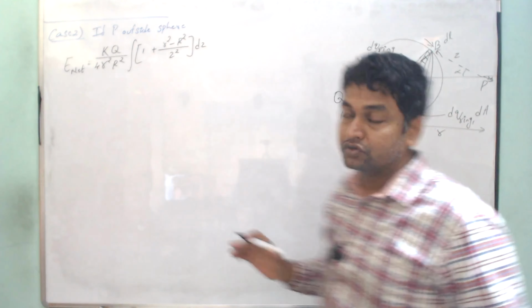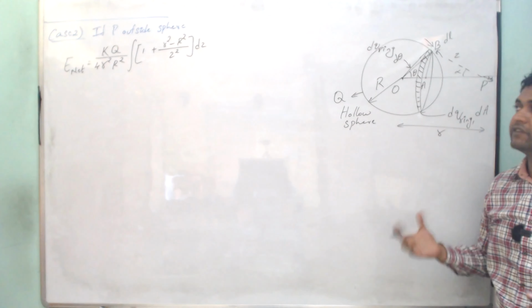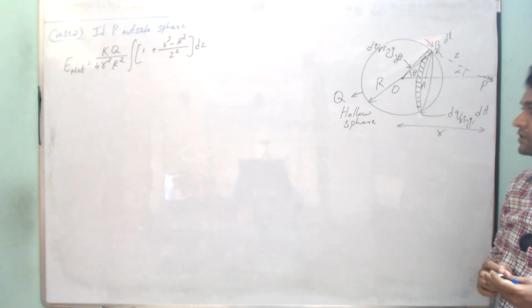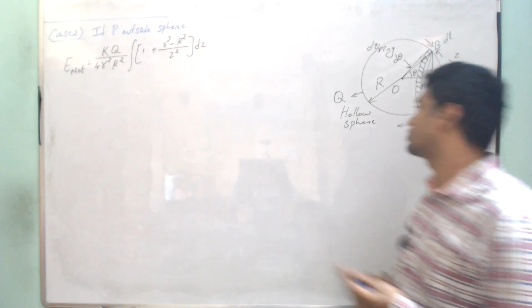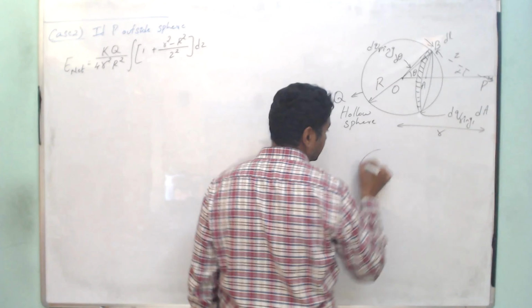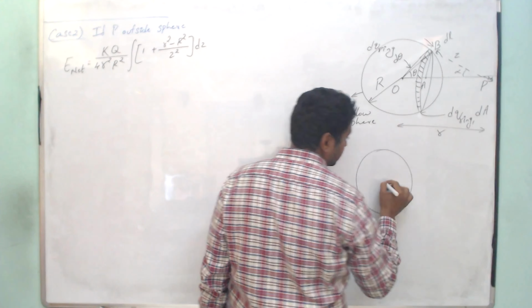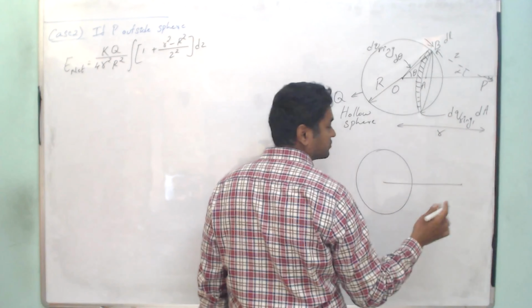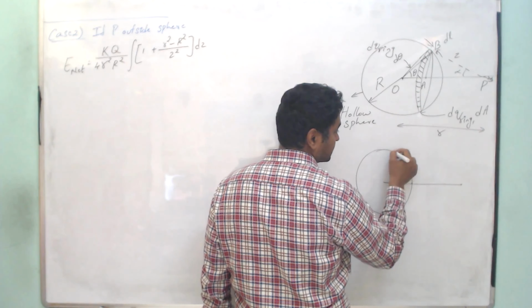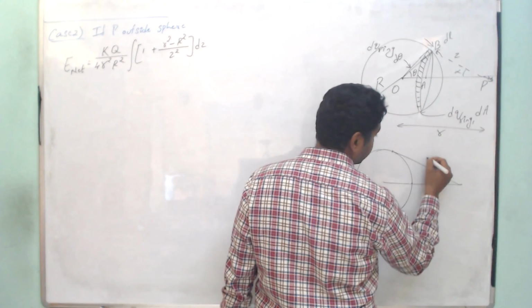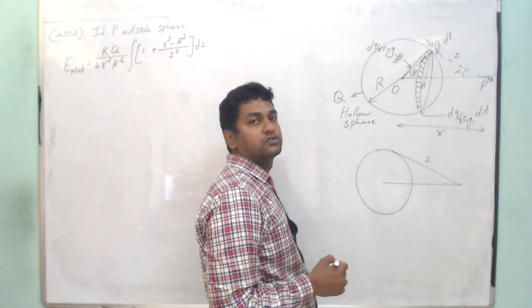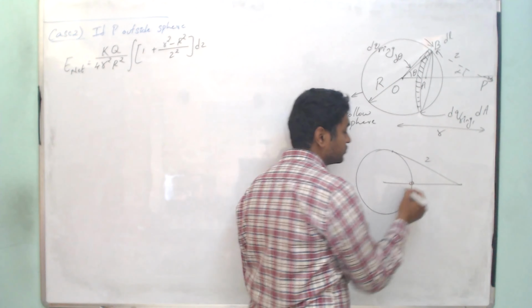So for outside, all that we are interested in is limits. And for limits, all we are interested in is geometry. So this is my sphere. This is my point outside. So what is Z? Z is this distance, right? So the closest point is going to be this point.